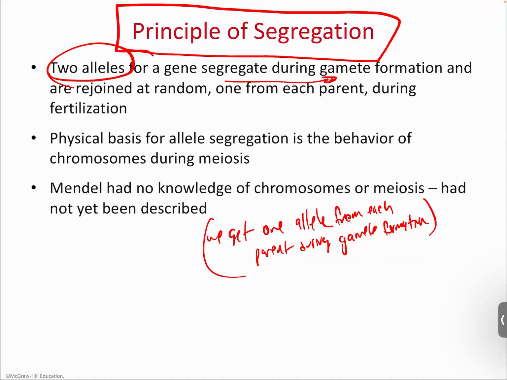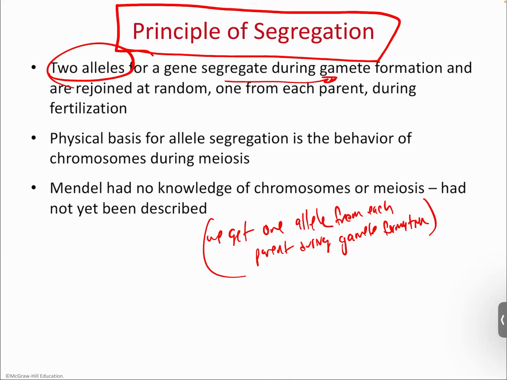That's how we understand the principle of segregation now. This is, by the way, also one of the reasons why he did reciprocal crosses. Because if you're going to say that my purple male to my white female, basically my male is donating the purple instructions, then you'd better have consistent results if you were to flip that script, right?